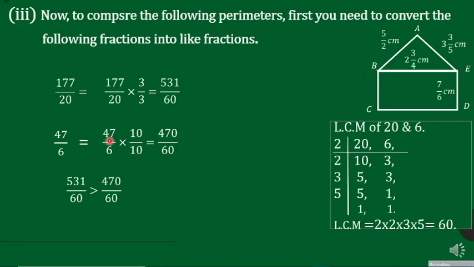So, by this we get that the perimeter of the triangle is greater than the perimeter of the rectangle. Okay, so here is our answer.